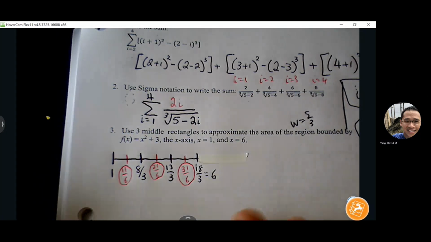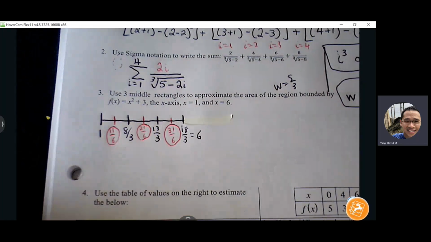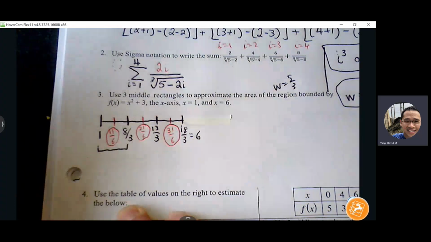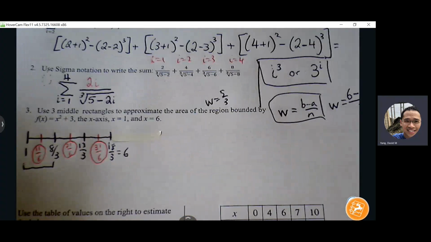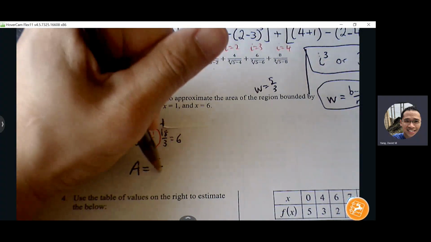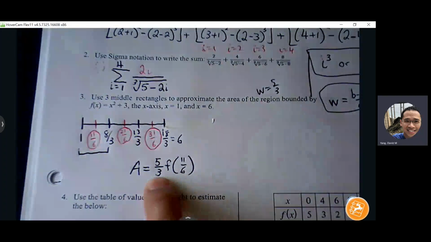Okay. So it says use 3 middle rectangles. So I'm just going to find the width and height for each of my rectangles. Each rectangle has a width of what? 5/3. Okay. So my area is going to be 5/3 times f of 11/6. This is my width.